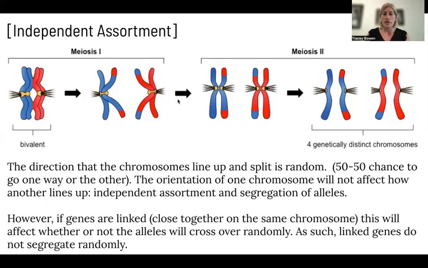However, if genes are linked and they're close together on the same chromosome, this will affect whether or not the alleles will cross over randomly. And so linked genes will typically cross over together, which means that the segregation of alleles is not random because linked genes are crossing over together.